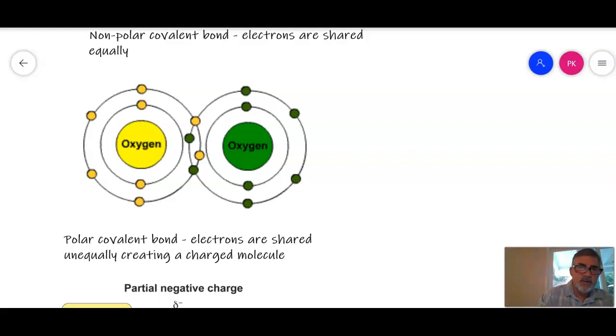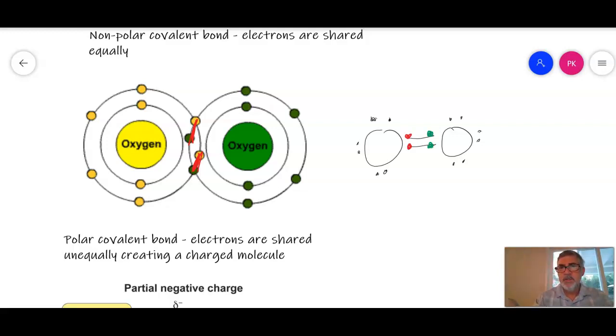So if it shares, each oxygen gets to claim the electron of the other, right? So now I'll have 2 oxygens, and they're sharing 4 electrons between them. Two of these electrons are from this oxygen, and 2 are from this oxygen, right?